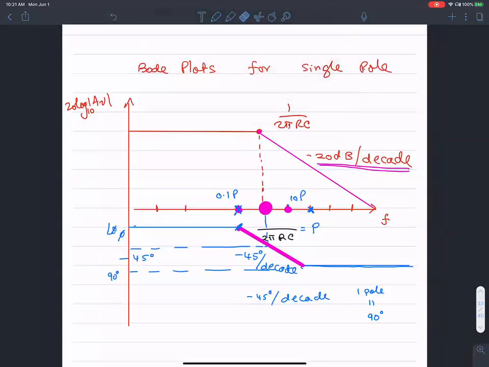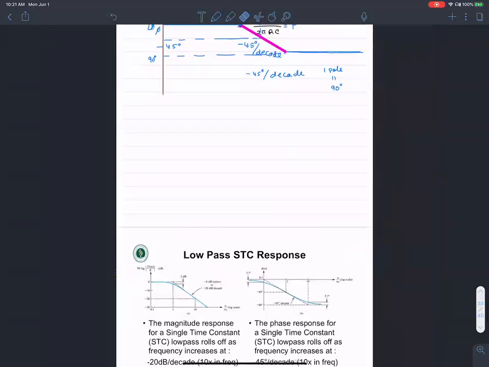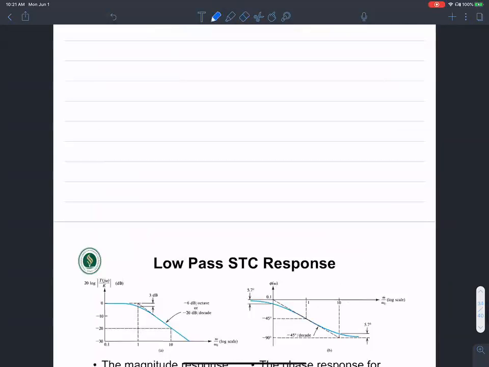In the presence of pole 2, the magnitude begins to fall at 40 dB per decade. That's a little beyond the scope of this class. We are not interested in two-pole response. So the assumption is that 10 times the pole 1 is less than 10 times the pole 2.